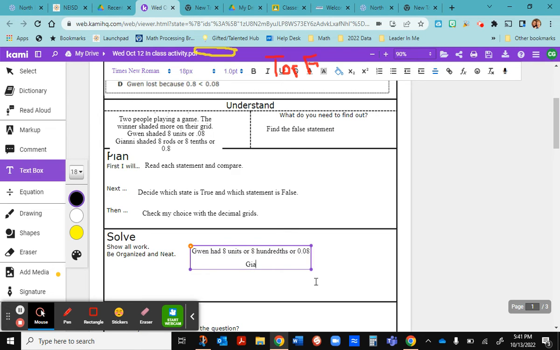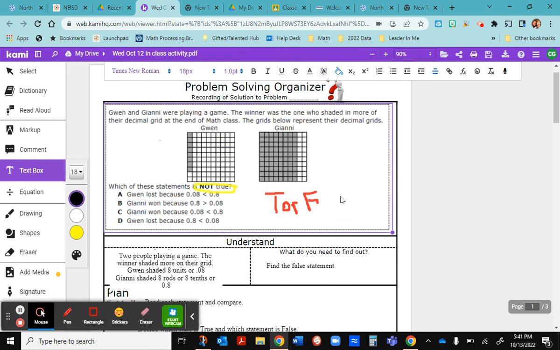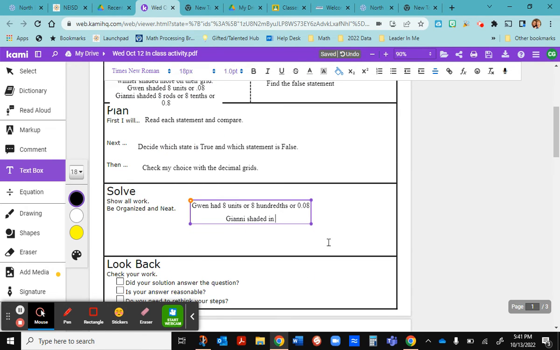And then Gianni shaded in, and we said it was what? Very good. It was 8 rods. And this is what we write on our descriptions, or 8 tenths, or I have the 0 wholes, decimal point, 8 tenths. Okay, now that we have that, we've kind of stacked them, and now we can compare.